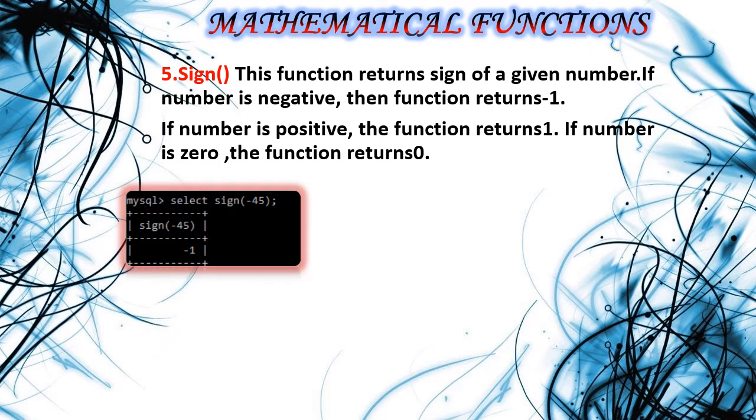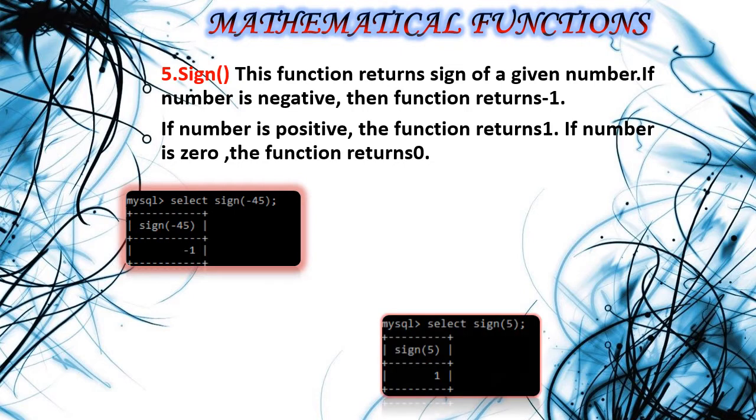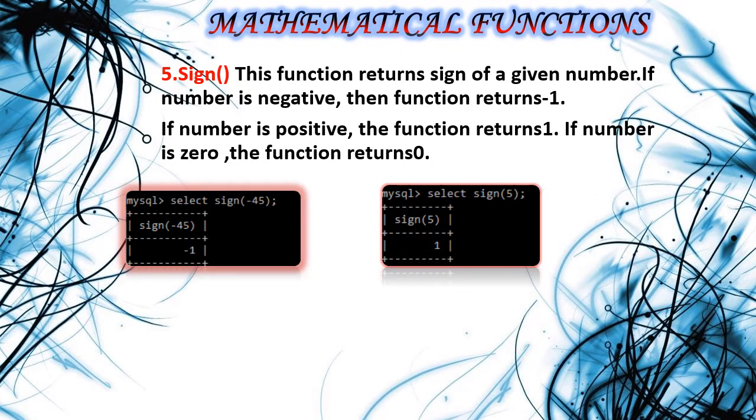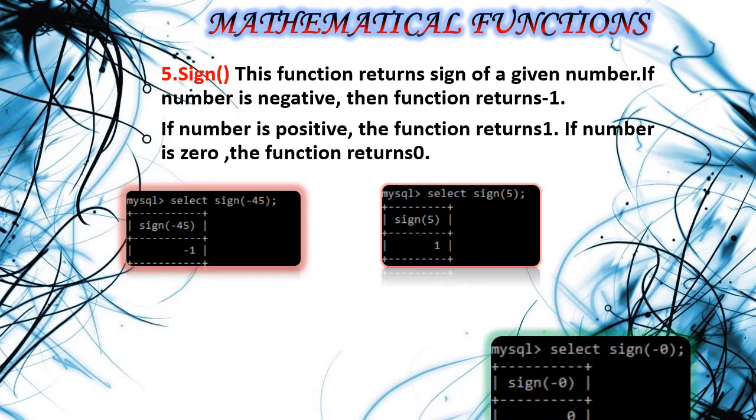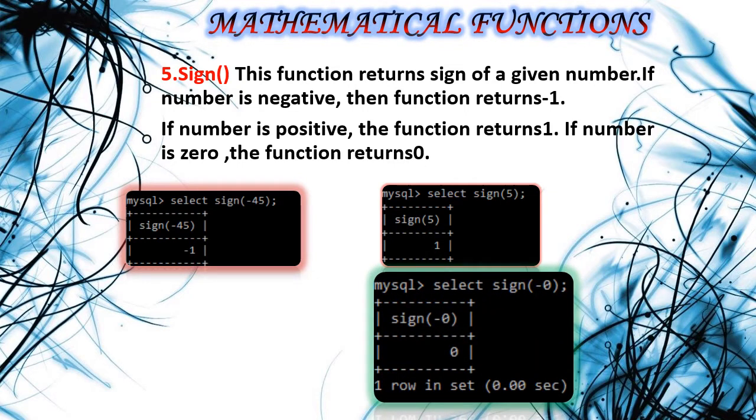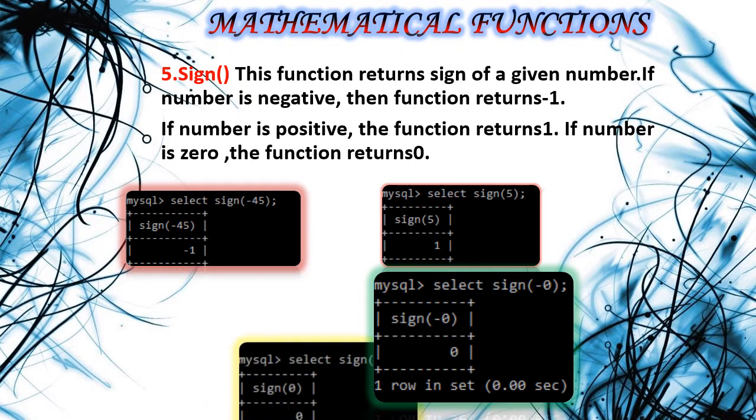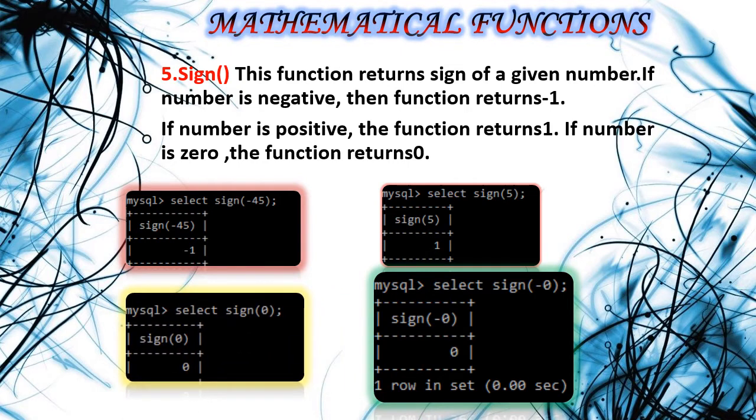See the example: SIGN(-45). 45 is a negative number, so it returns -1. SIGN(5): 5 is a positive number, so it returns positive 1. SIGN(0) is given, so it returns 0. Even if a minus or plus symbol comes before 0, the answer is 0 only. So the sign of 0 is 0.